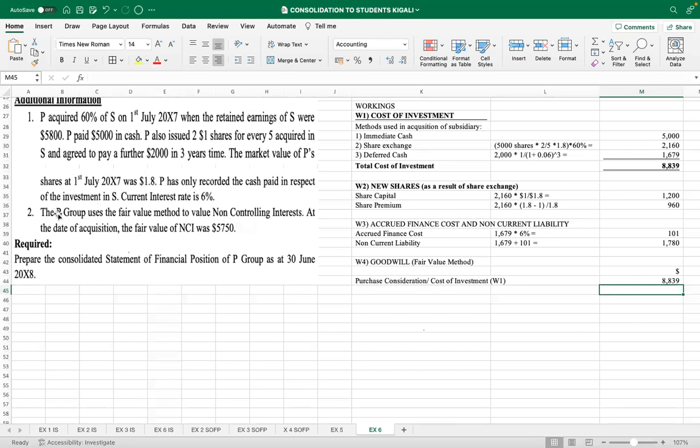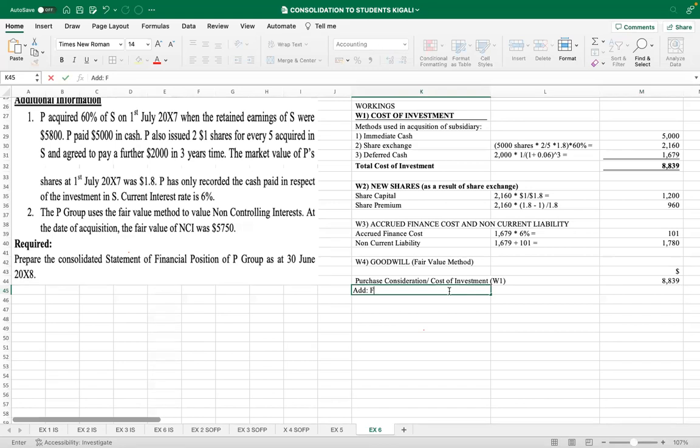And then when you go to additional information 2, P group uses the fair value method to value non-controlling interest. At the date of acquisition, the fair value of NCI is 5750. So we normally add, in the other method, we add fair value of non-controlling interest at acquisition, given in the question.